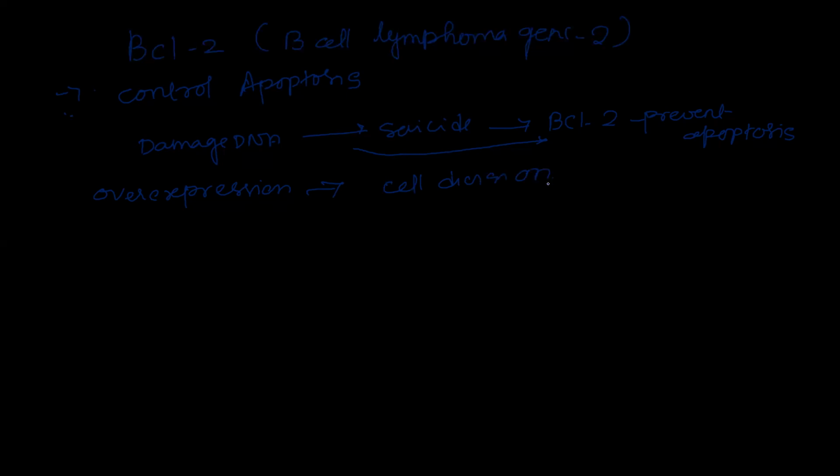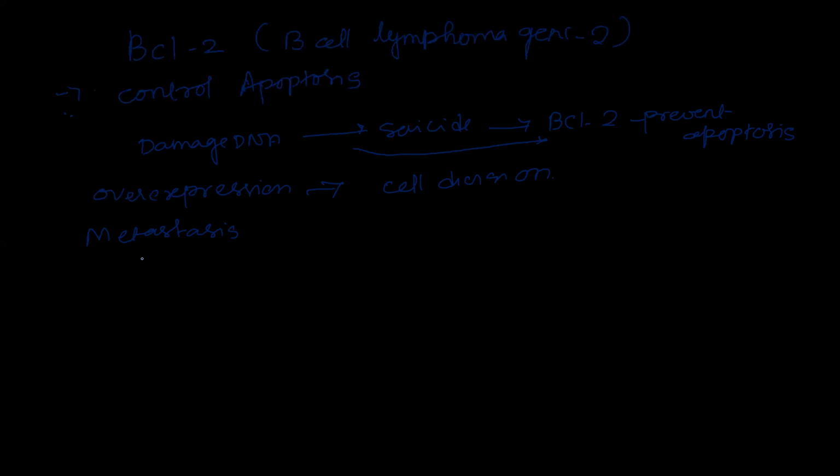Okay, that is what this gene does. And this actually contributes to metastasis. What is metastasis? That is the ability of the cancer cell to spread from the point of origin to a different organ.